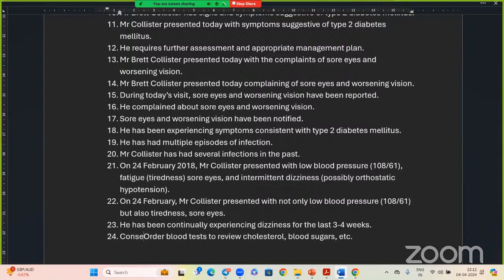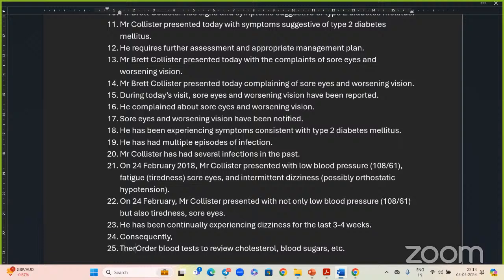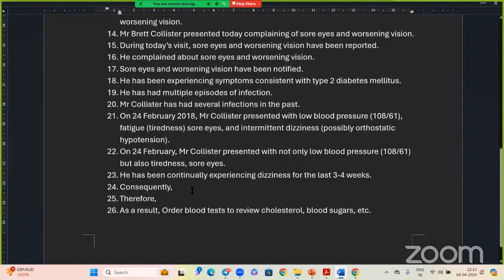Consequently, comma, because of, as a result, that's the meaning. As a result, or consequently, or therefore. You can use the word consequently, you can use therefore, or you can use as a result, comma. Anyone you can use. I ordered blood tests.